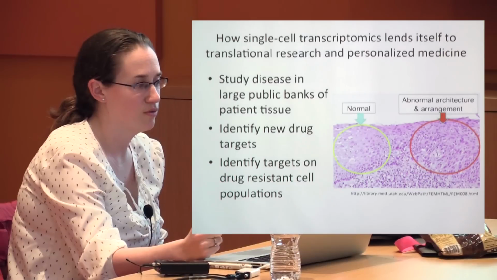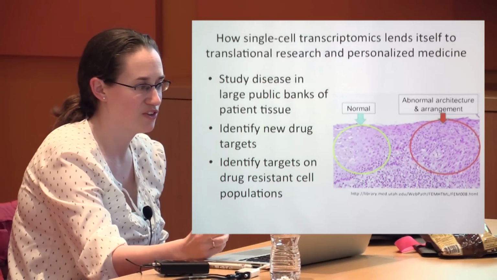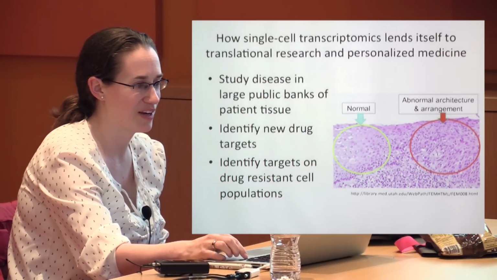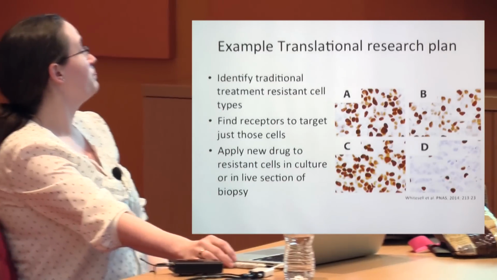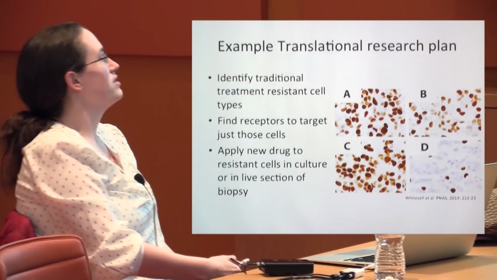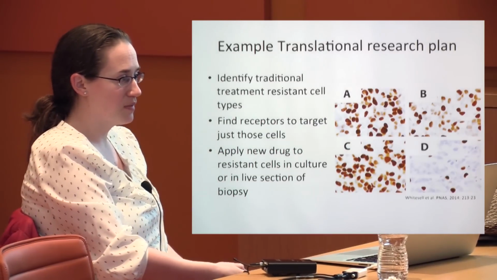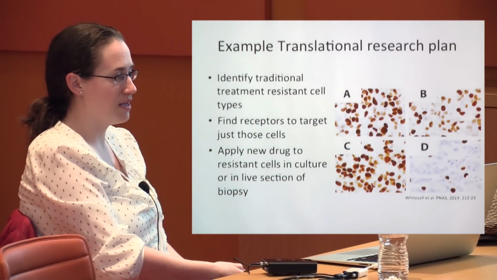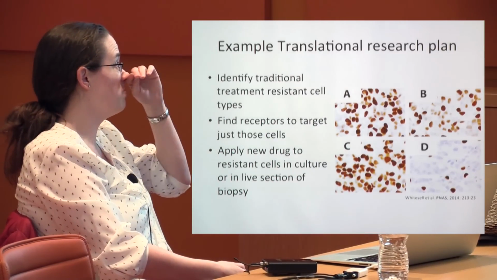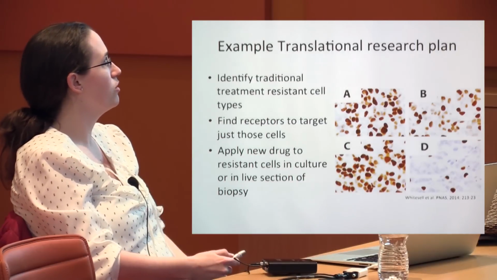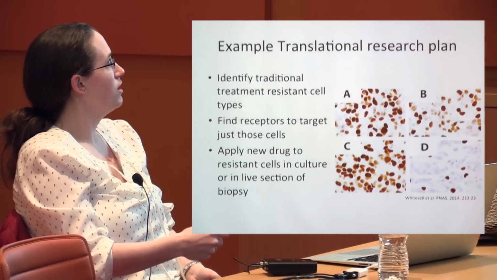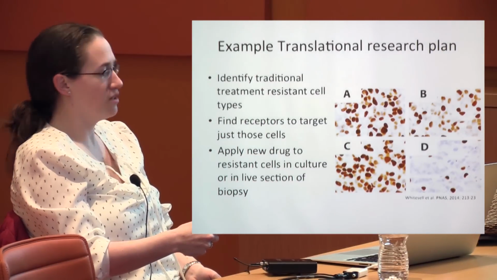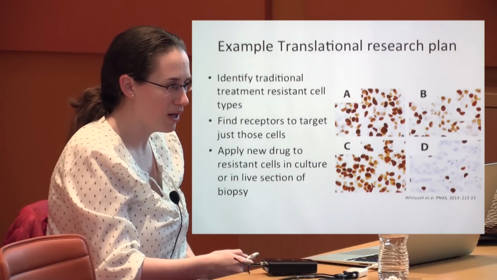And yeah, so identify new drug targets, and then I'll skip the last thing because I'm going to talk about it on the next slide. So in this experiment, this is a mouse model of breast cancer. This is, I think, a biopsy.